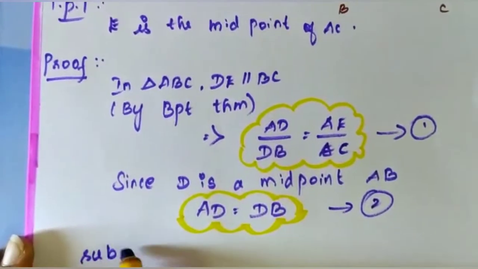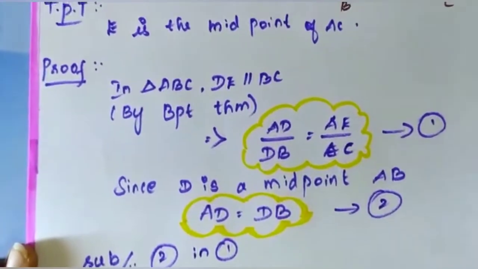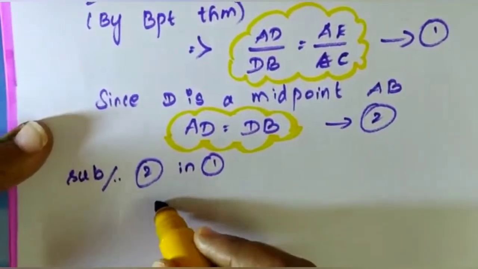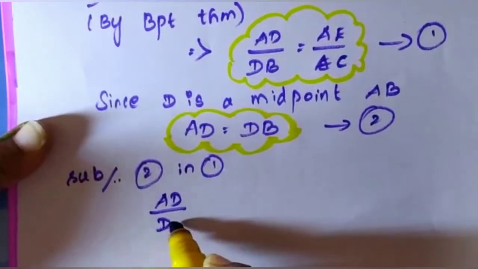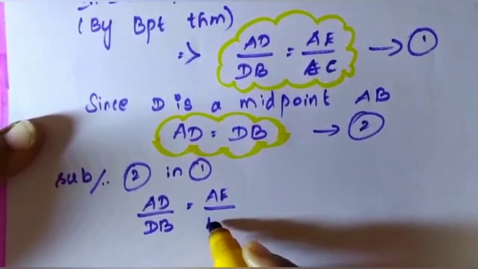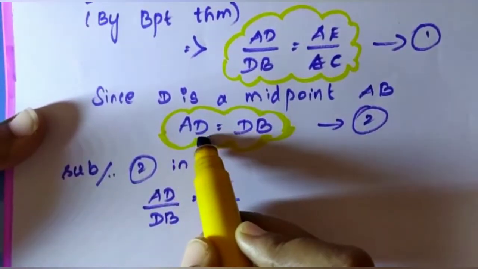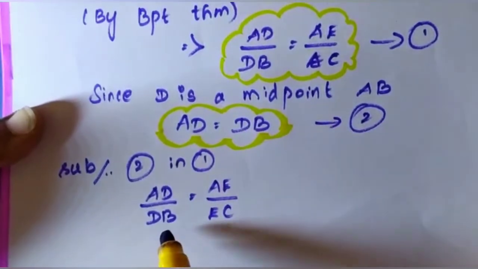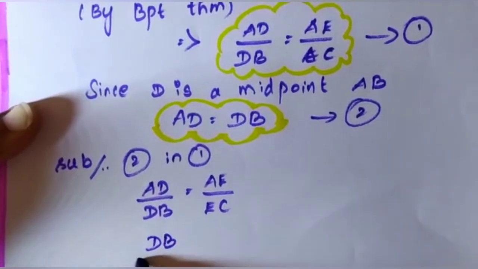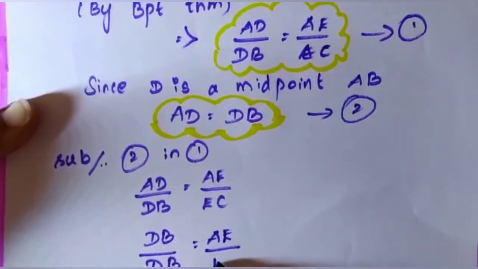Substitute 2 in 1. What is 1? AD divided by DB is equal to AE divided by EC. This is 2, AD is equal to DB. Instead of AD, I am going to substitute DB, so DB divided by DB equals AE divided by EC.